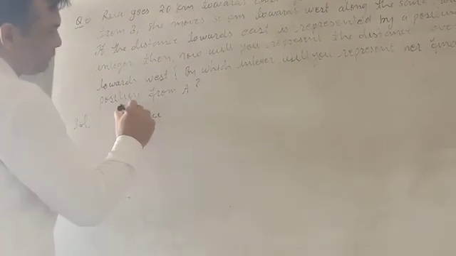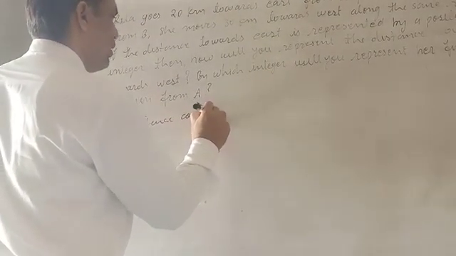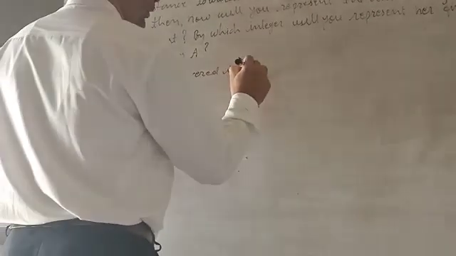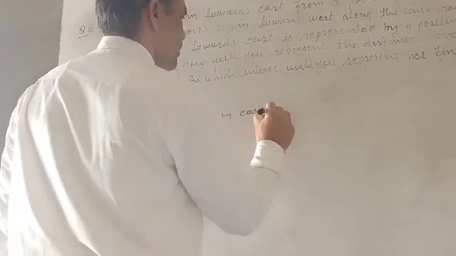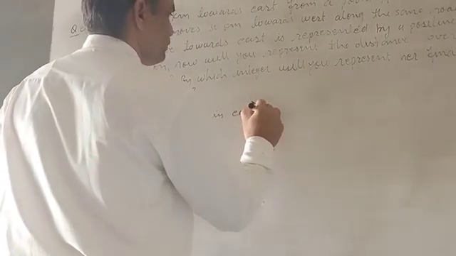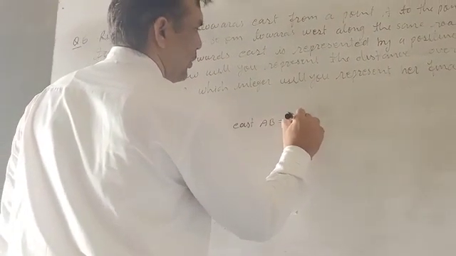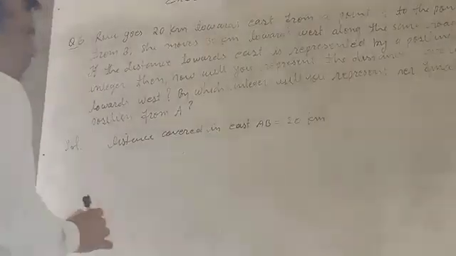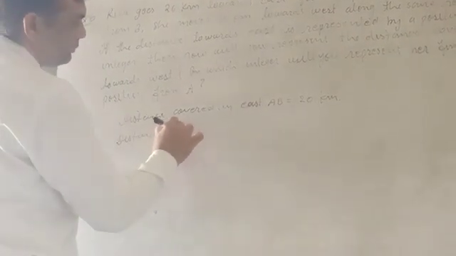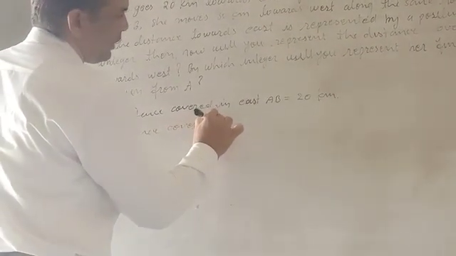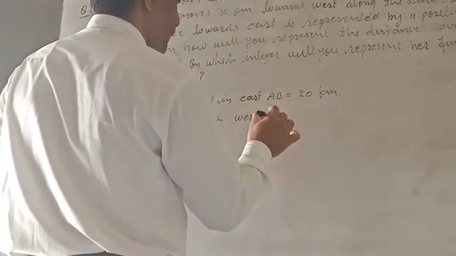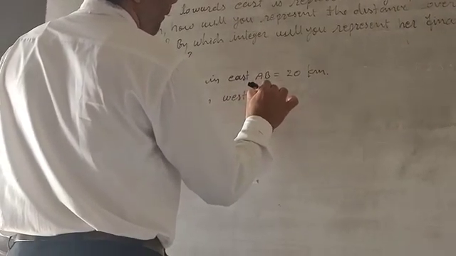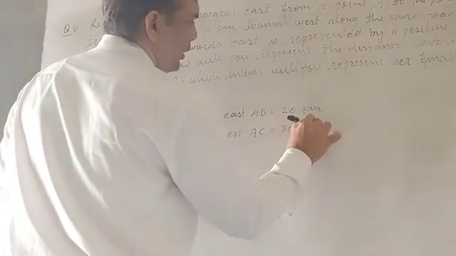Distance covered in east is equal to AB is equal to 20 kilometer and distance covered in west AC is equal to 30 kilometer.